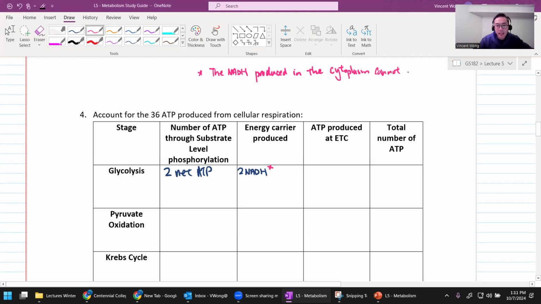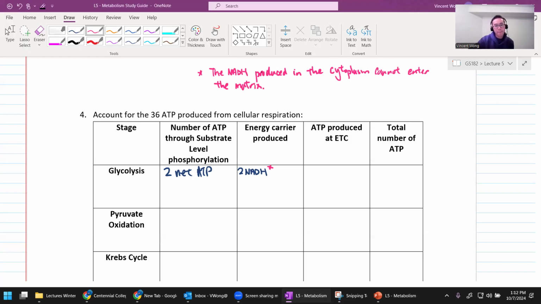Cannot enter the matrix, okay? Because they're too big. They cannot enter the matrix, because you gotta cross two membranes to get to the matrix, right? The outer membrane and the inner membrane before you get to the matrix, and it's just too big, can't do that.